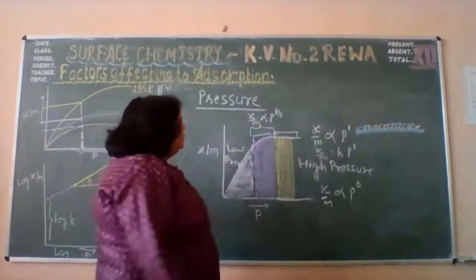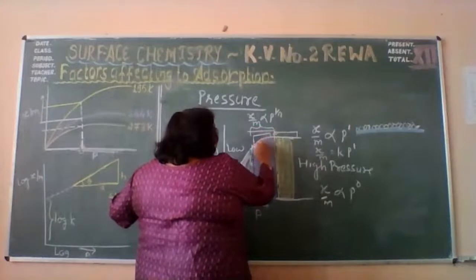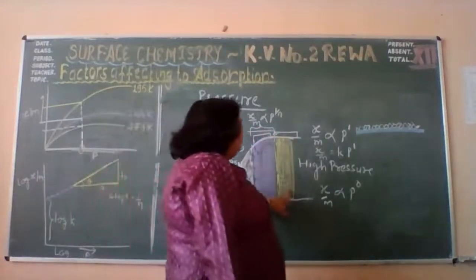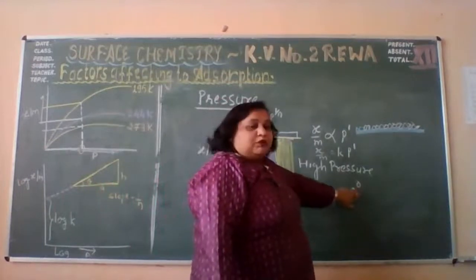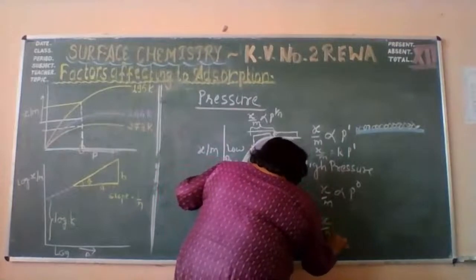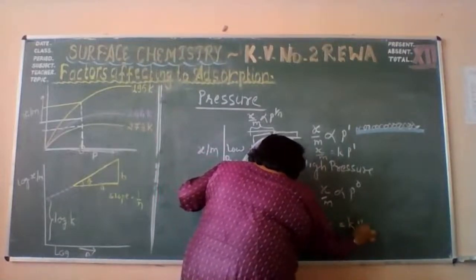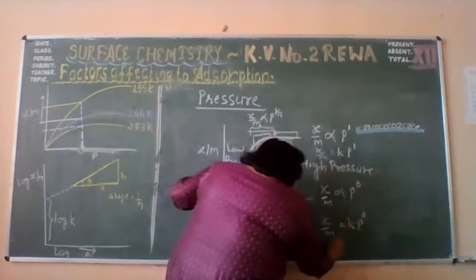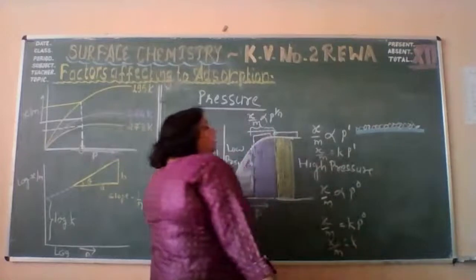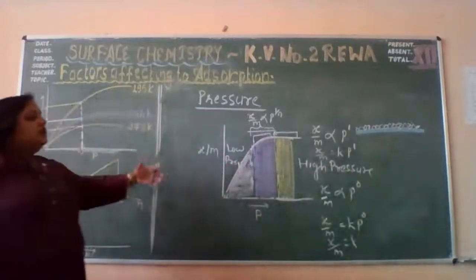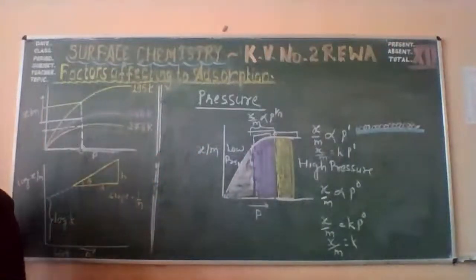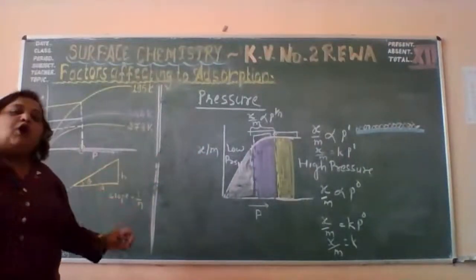So, right, this is the expression as it is a polynomial graph over here. Right? And here X upon M is proportional to the P to the power 0. X upon M is equal to k into P to the power 0. So X upon M, since P to the power 0 is equal to 1, is equal to k. Right? This is the way how we study the effect of the pressure on the X upon M, or the extent of the adsorption.